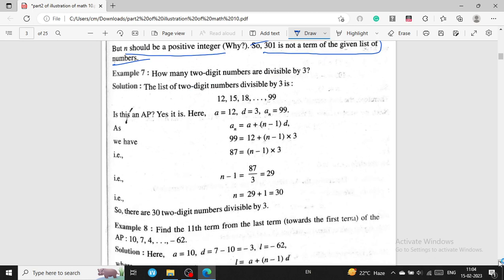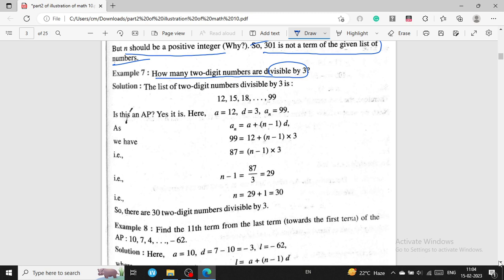In the next question, we have to find how many 2-digit numbers are divisible by 3. For finding this, first of all we have to write those 2-digit numbers which are divisible by 3: 12, 15, 18 up to 99.